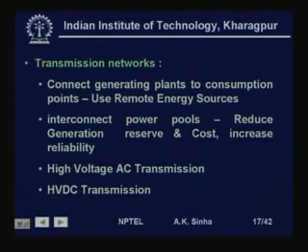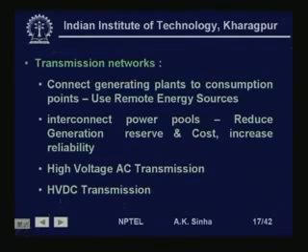But if we convert the AC into DC and then transmit it in terms of DC power and then again invert it at the other end into AC power, then the link is no longer a synchronous link, and this we call an asynchronous link or asynchronous tie between two systems which run at synchronous speeds.